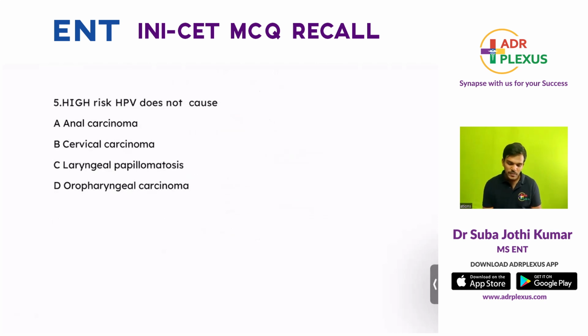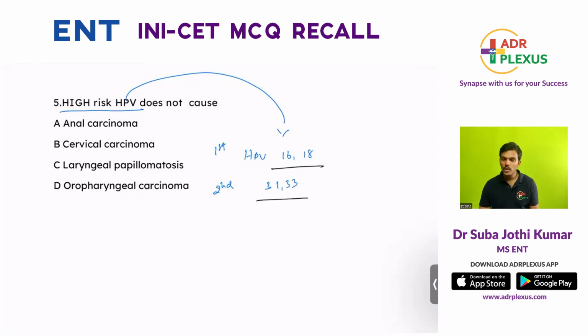The last question was quite a tricky question. High risk HPV does not cause. So if this is the question, what are the high risk HPV strains? It is HPV 16 and 18 are the first choice. Okay, second choice, it could be 31 and 33. So you would have learned this in CA cervix. So CA cervix 16, 18 and 31, 33 are all involved.